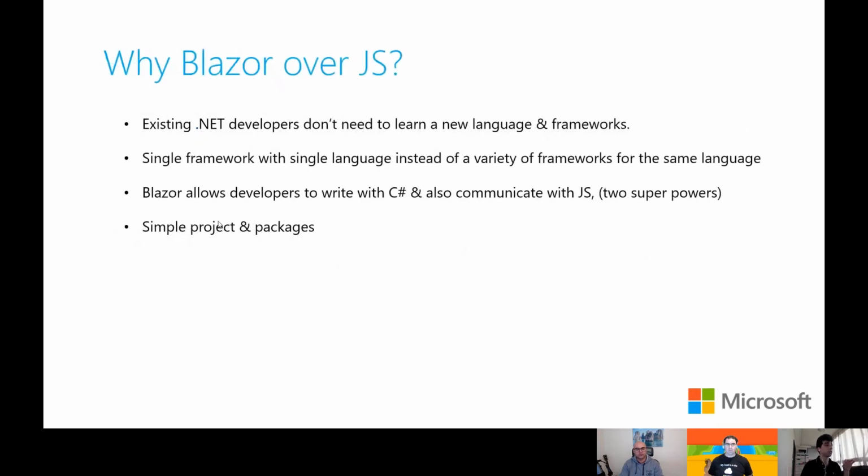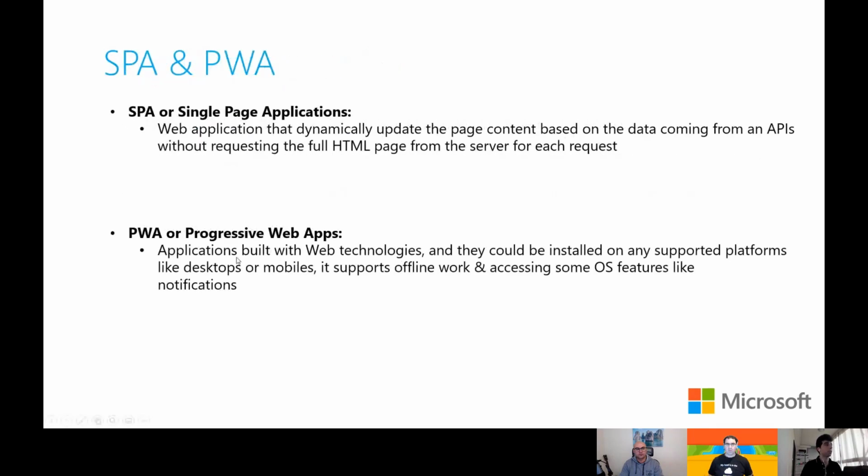PWA is actually part of this. So PWA, or progressive web apps, is a technology that allows us to build a web application, for example a SPA application with Blazor or with React.js, AngularJS, or whatever. And this application could be installed on the supported platforms, which actually all the modern OS and devices support.